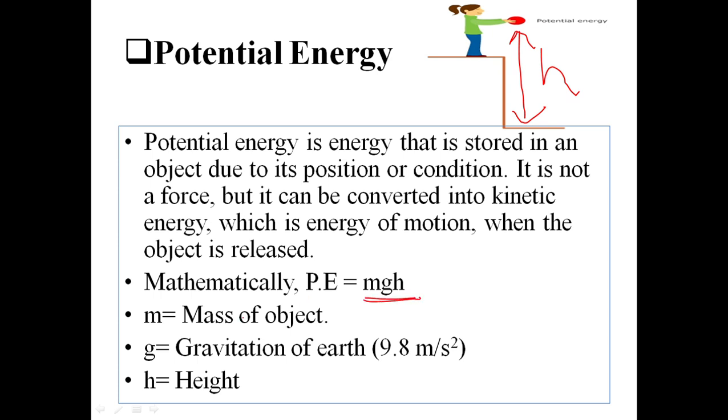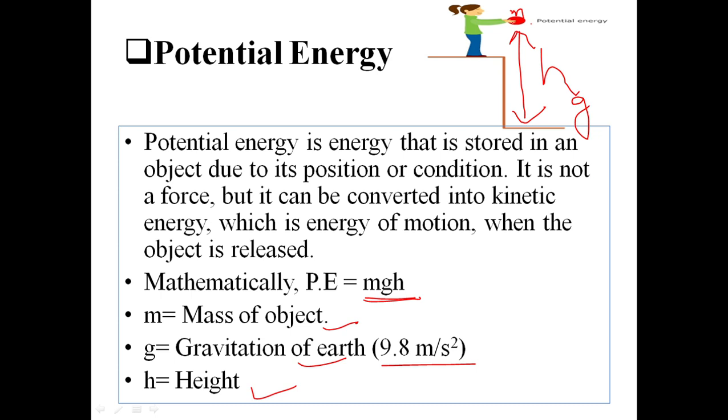M is the mass of the object, g is the gravitational acceleration of the earth, which is 9.8 meter per second square, and h is the height.